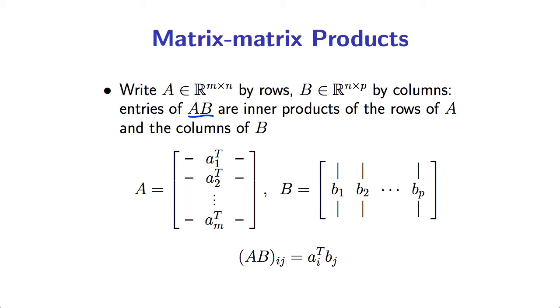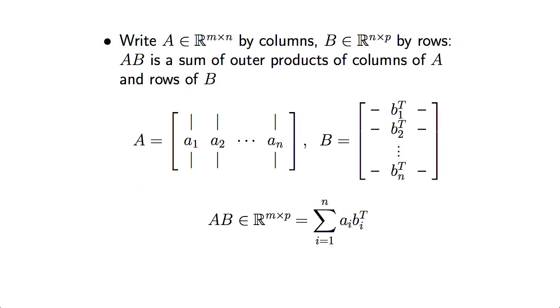In this case, as we saw, the ij element of this product is going to be equal to the vector inner product of the ith row of A and the jth column of B. So for example, (AB)_11 would just equal a1 transpose times b1, the inner product of a1 and b1.